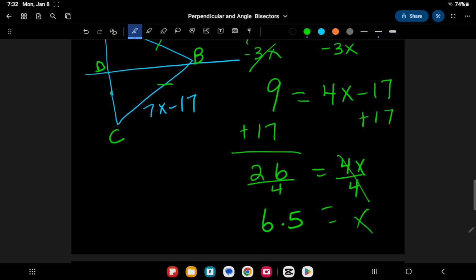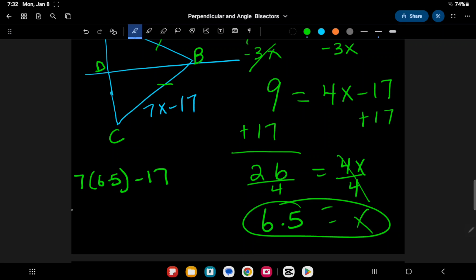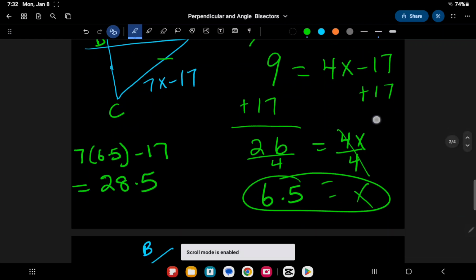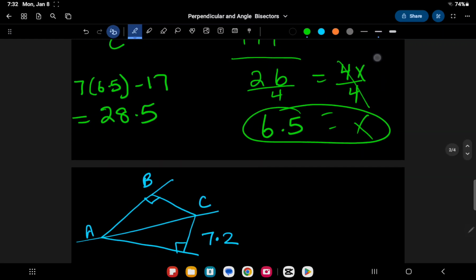Can we find BC? Okay, if x is 6.5, we're going to take BC, which is 7 times 6.5 minus 17. So this gives us 28.5. All right, so you use what you know to solve.